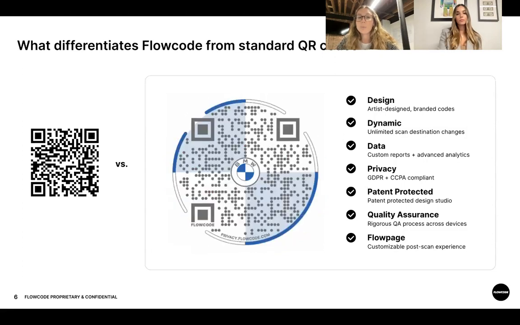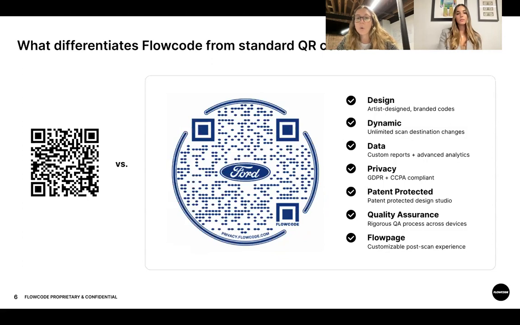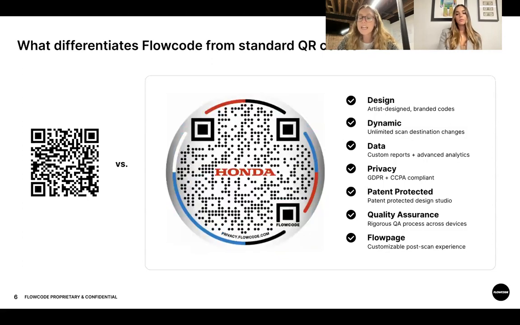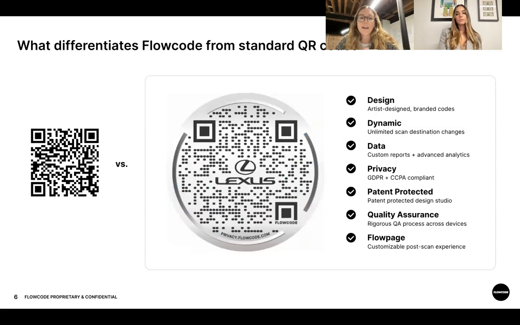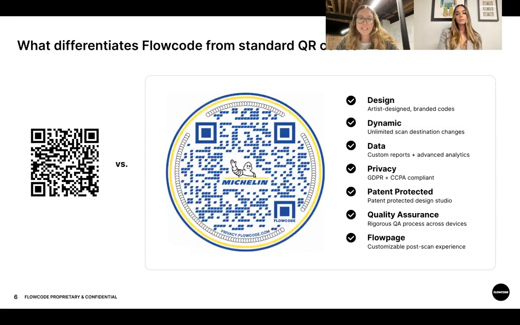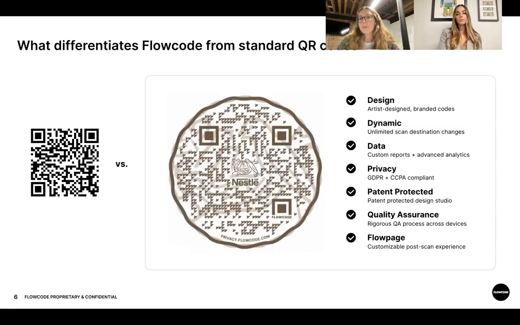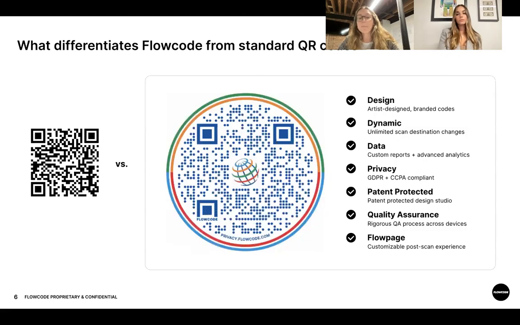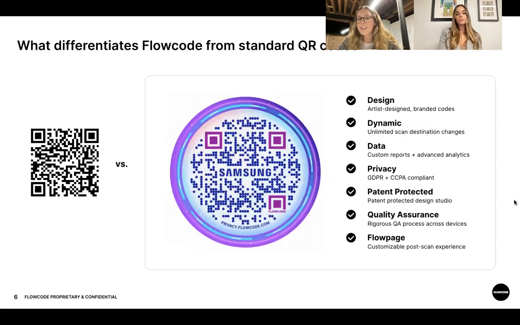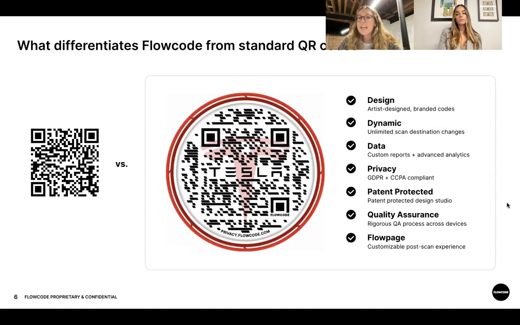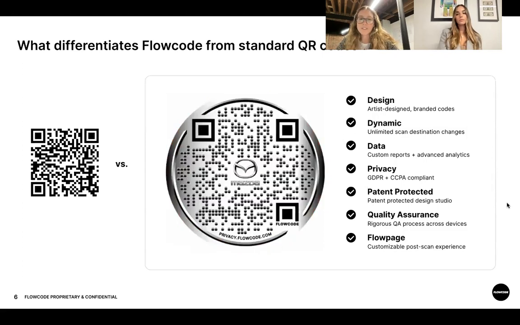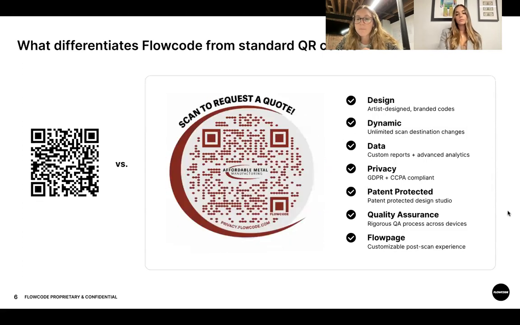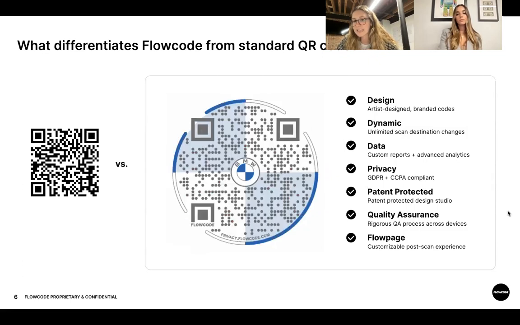So when you put out your code into the world, you'll know that people are able to engage with it, and you won't have any problems with people not being able to scan. We will go over best practices just to make sure that you're implementing them as you're putting them on your assets. But within our platform, we have safeguards against making codes that won't scan easily.